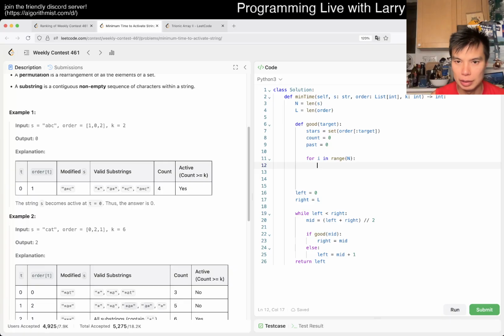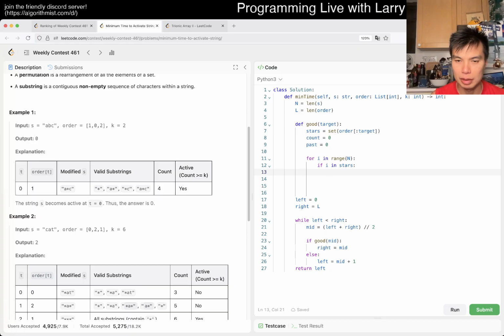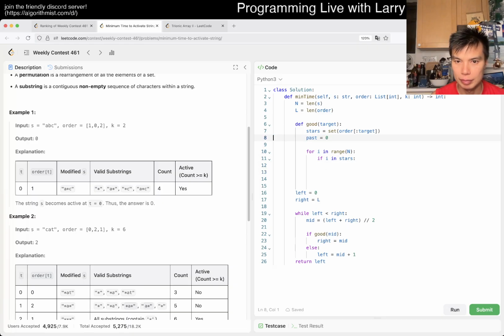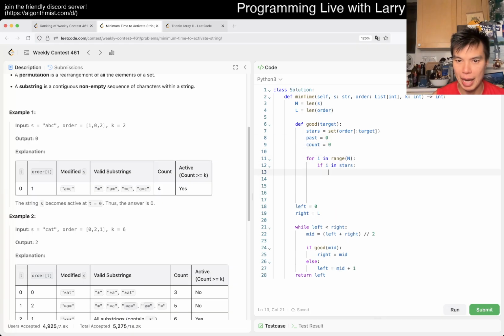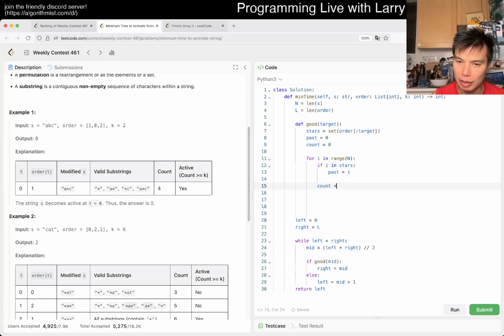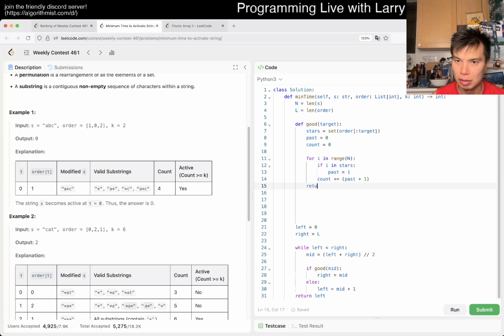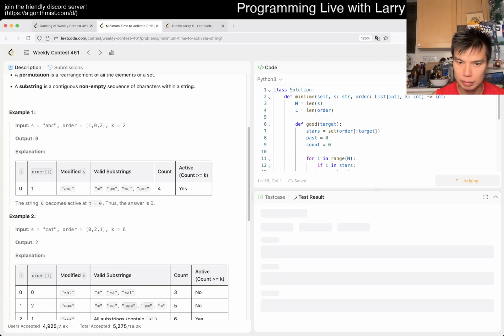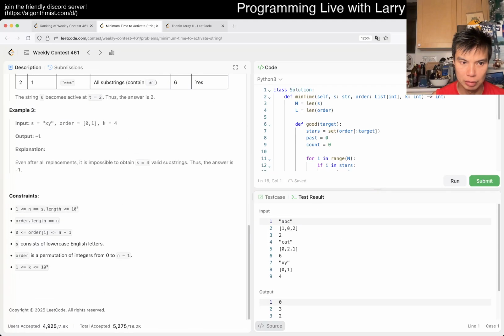So now if i is in stars, then pass is equal to i, maybe, and then count we want to add by pass plus 1, and I think that's it. We could fast it up. 032. Alright, that's just not right.